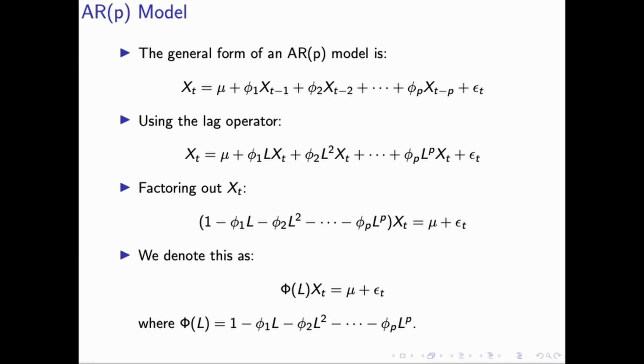Next, we have the autoregressive AR model, where instead of depending on the past errors, like in the MA model, the time series depends on its own past values. The general form of an AR(p) model is x_t equals mu plus phi_1 times x_{t-1} plus phi_2 times x_{t-2}, plus, going up to the term phi_p times x_{t-p}, plus an error term called epsilon_t.